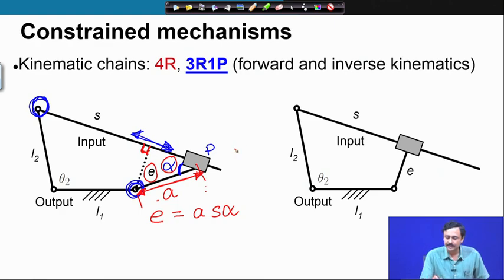So, I can consider an equivalent chain where I replace this inclined link by this link which is perpendicular to the direction of motion of the prismatic pair, and call that length E, the offset.